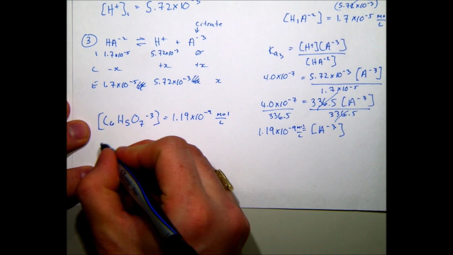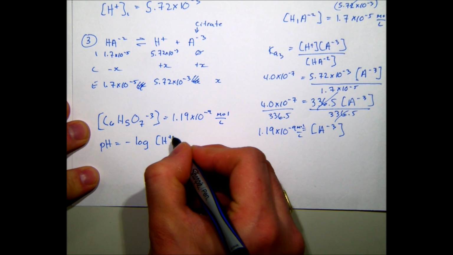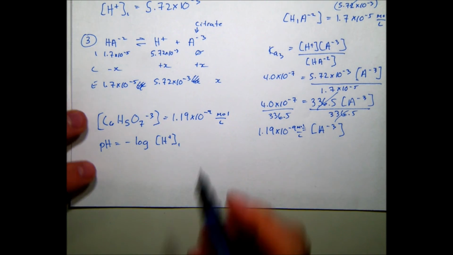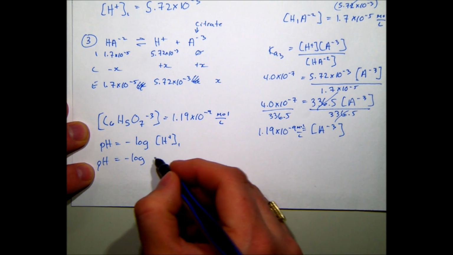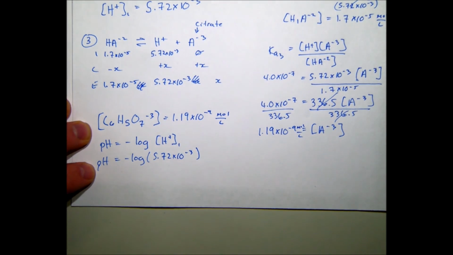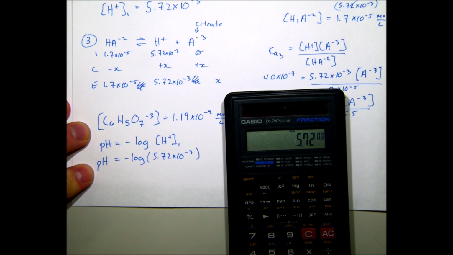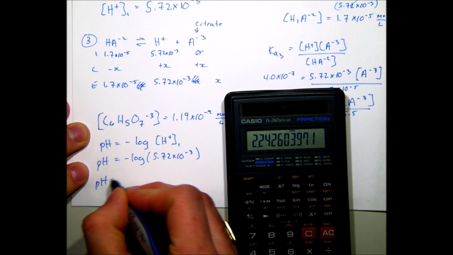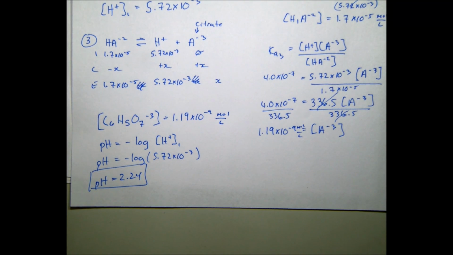And the pH of this is equal to the negative log of the concentration of H plus, which with my assumptions is all coming from step 1. So pH is equal to the negative log of 5.72 times 10 to the negative 3. The pH is 2.24. And that's how we solve polyprotic acids.